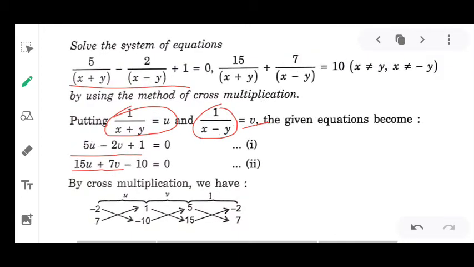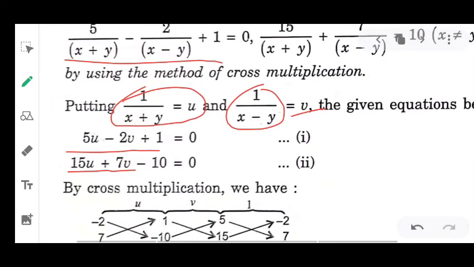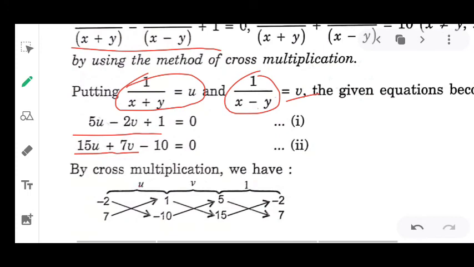Now write u, v and 1 in this manner, then remove the term which contains the variable u. So now write the coefficient of u, that is -2 and 7, then -1 and -10.